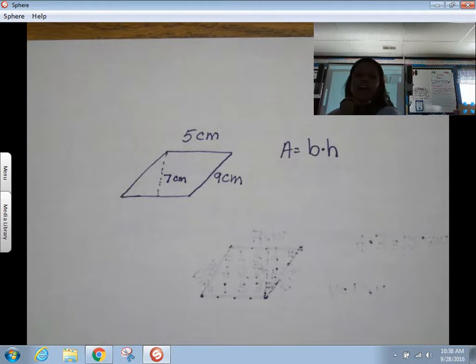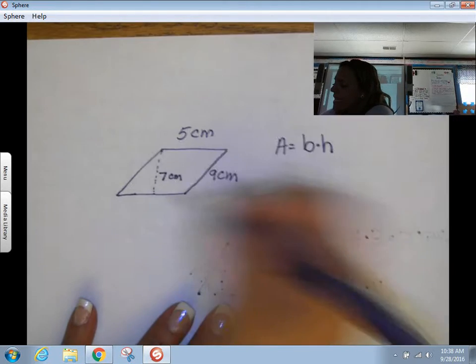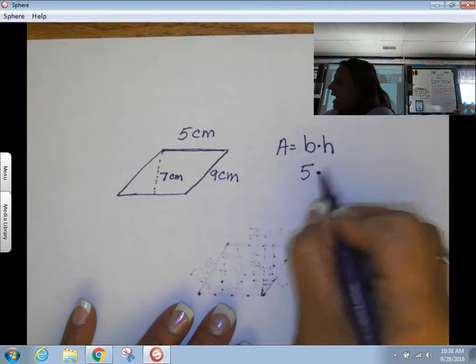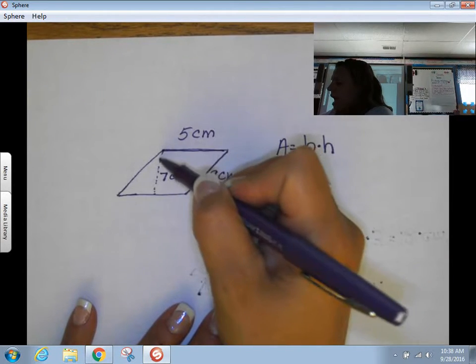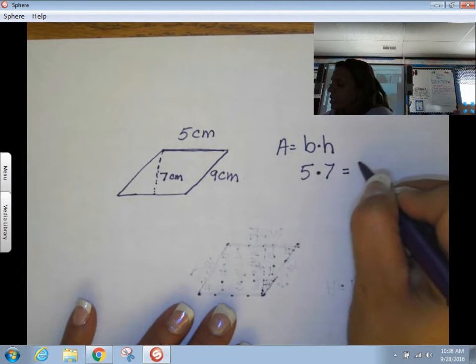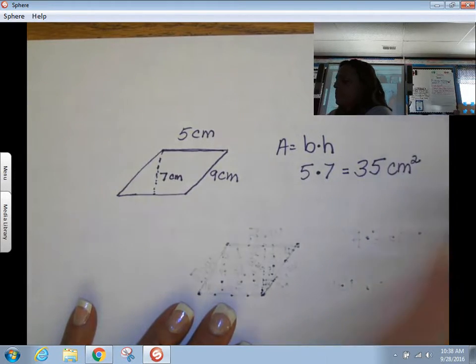What'd you get? I heard a couple answers right off the bat. What did you get? Let's see, Grant. 35 centimeters squared. Thank you. So, our base is like our length, so that's going to be 5 times our height. Our height is 7, right? 5 times 7 is 35. We measure in centimeters squared.